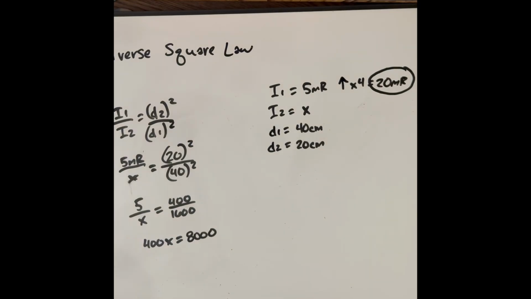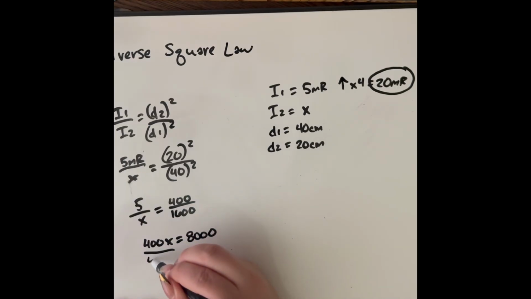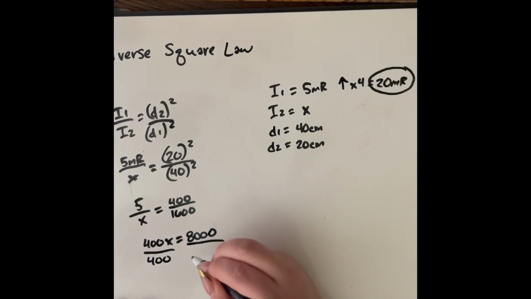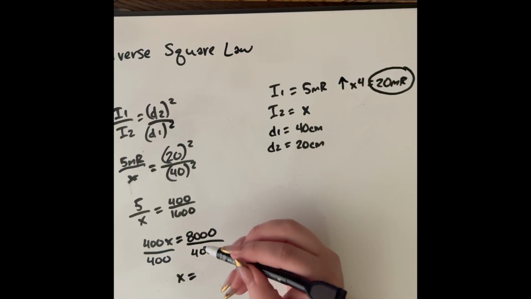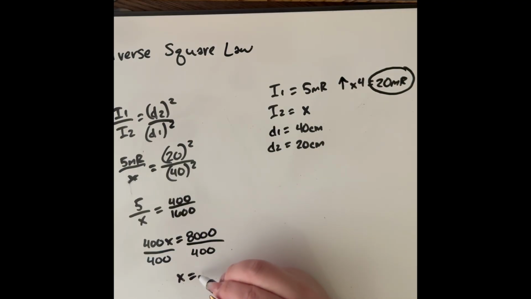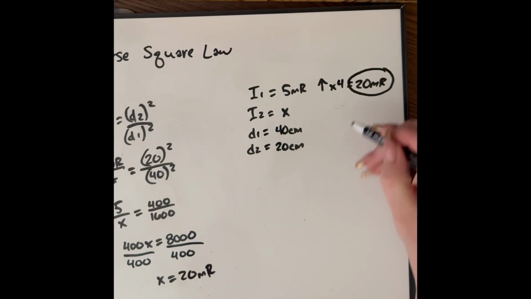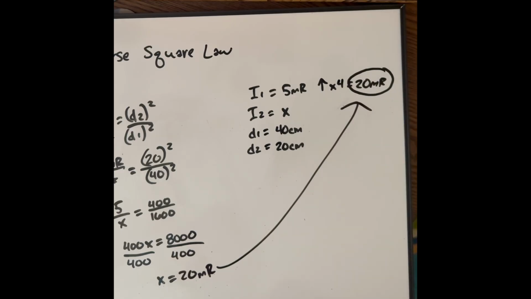All right, and then we're going to divide both sides by 400 to get that x by itself. And then we should end up with x equals 8,000 divided by 400 is 20 MR, which is what I predicted it would be just based on our rule of thumb.